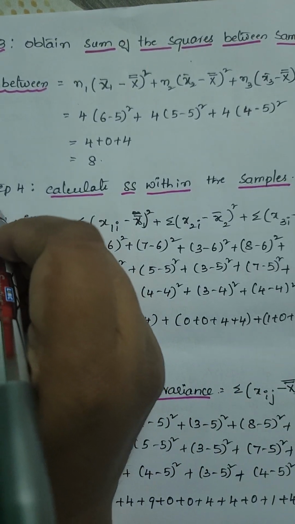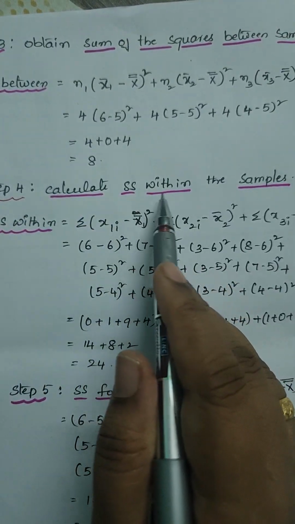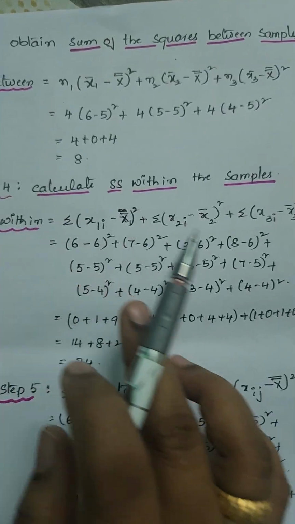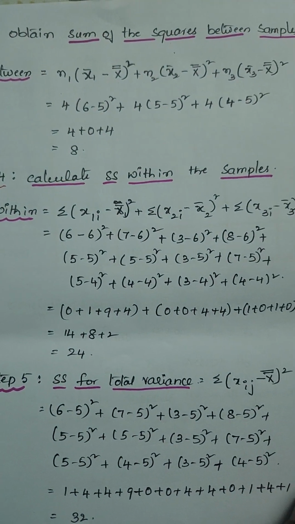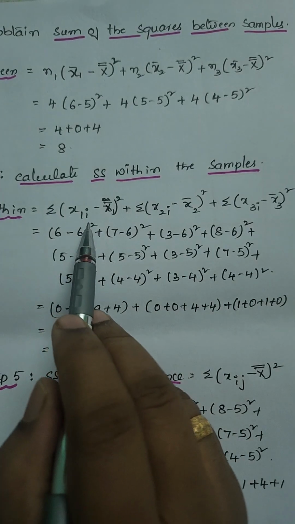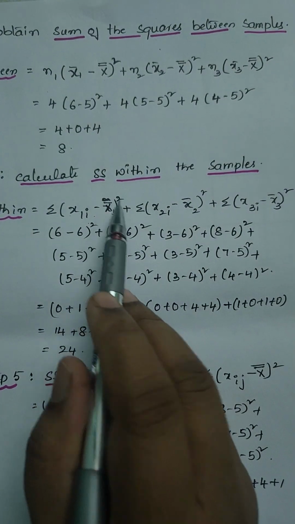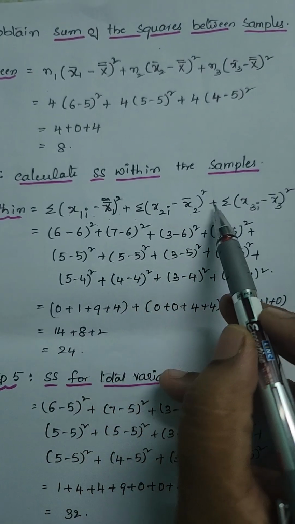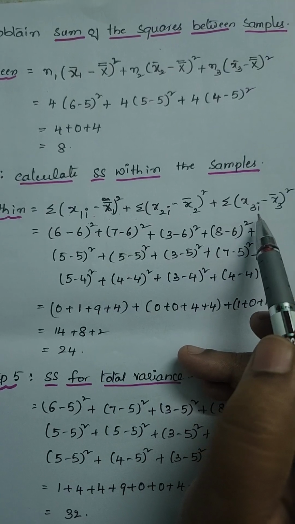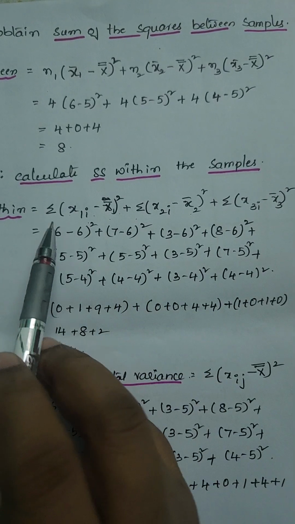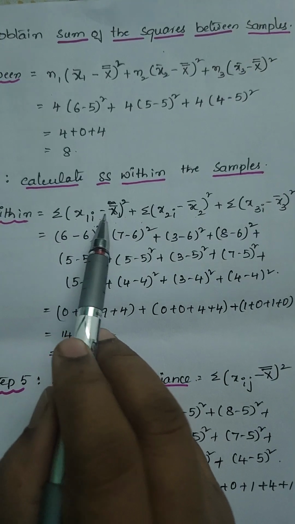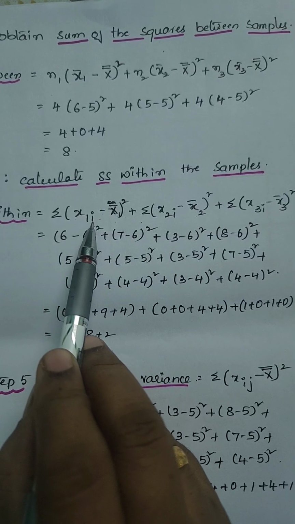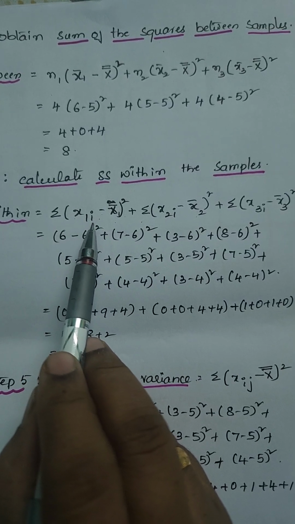Now in step 4, we will find SS within the samples. This is the formula: sigma (x1i minus x1 bar) whole square plus sigma (x2i minus x2 bar) whole square plus sigma (x3i minus x3 bar) whole square. If you take i equal to 1, this is x11. If we take i equal to 2, this is x12.